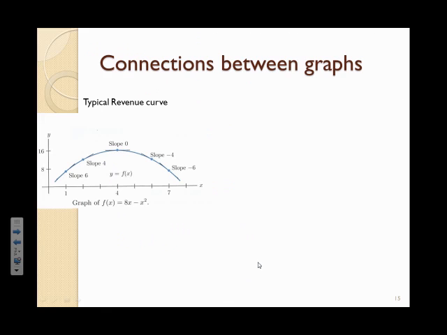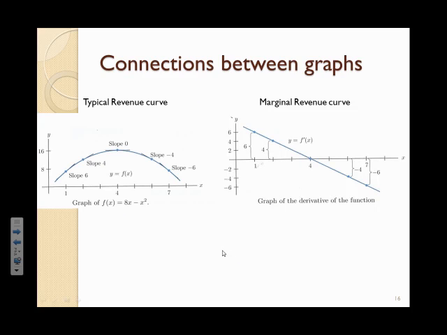Now, to help solidify some of the connections between graphs, here is a typical revenue curve. Every company has a different revenue curve, but one that's typical across many businesses would look something like this. And this particular one, if we did a graph of the marginal revenue, or the first derivative of the revenue, we would again do the same thing: when x is equal to 1, the slope is 6, so we put a dot here, and we continue that.